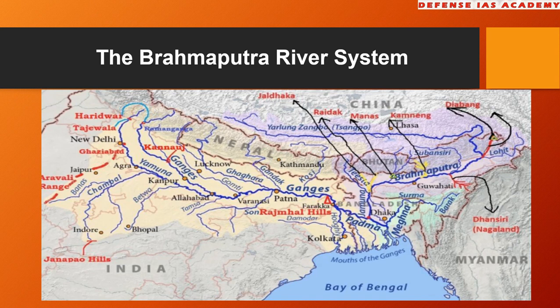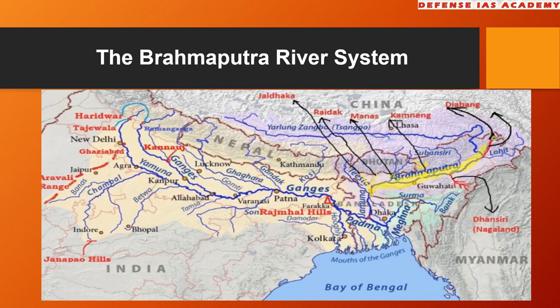This figure shows the Brahmaputra river system. You can see the area that I am highlighting. This area is the Brahmaputra river system.